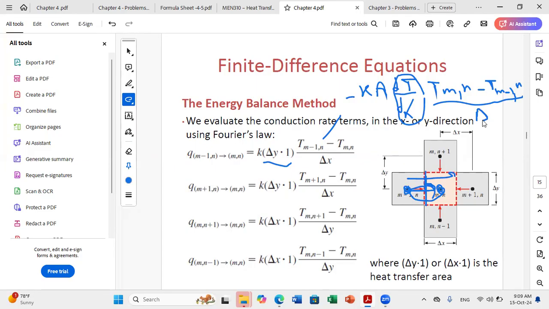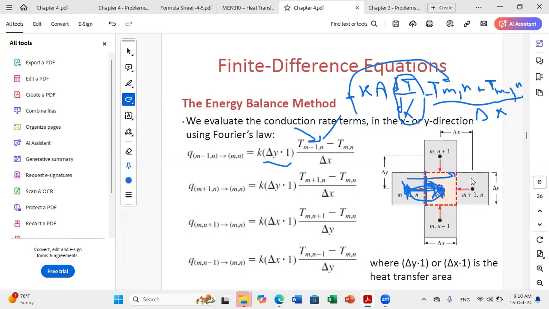And if you enter the minus here, you get a plus: minus T(m,n) plus T(m-1,n), as we got here. So you either use the formula here, or you say, since I assumed the flux in this direction to be positive, this temperature should be larger than this one. So I do temperature here minus temperature here.